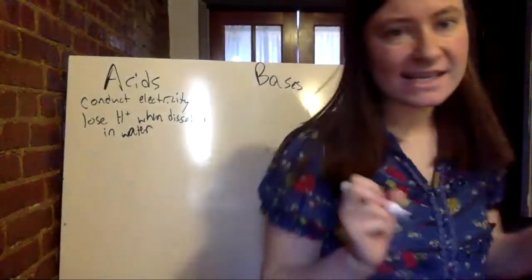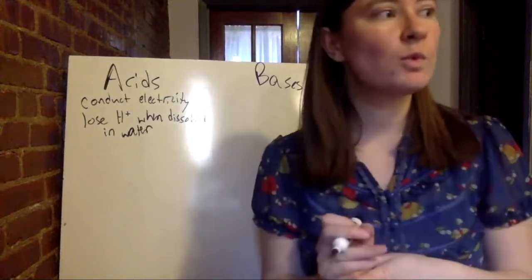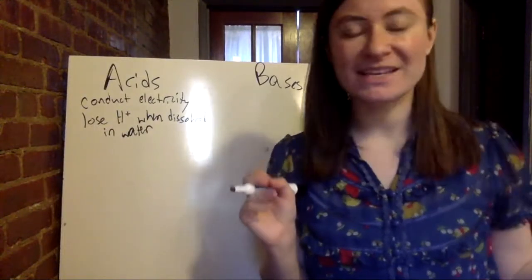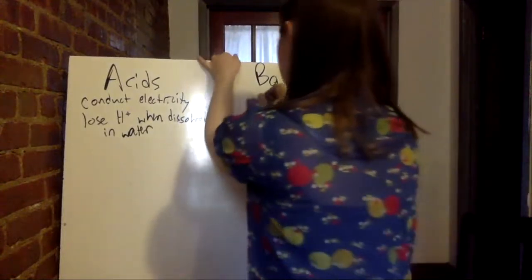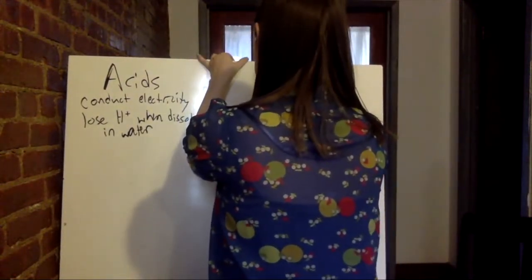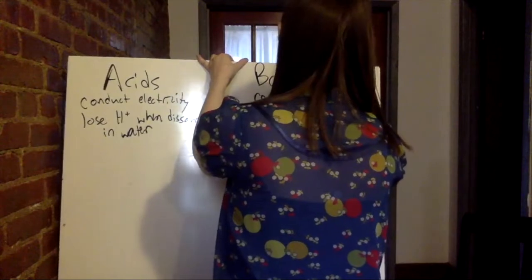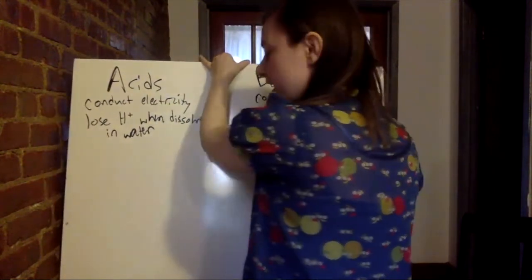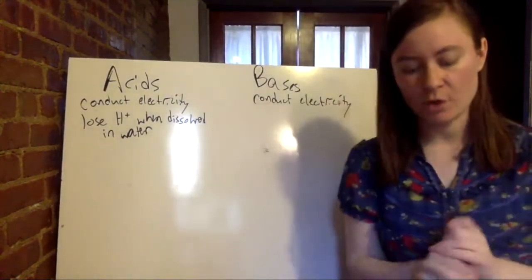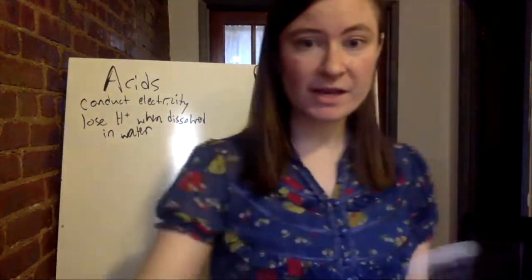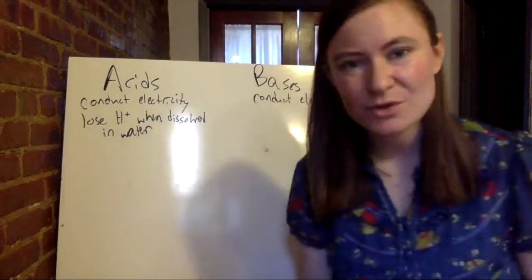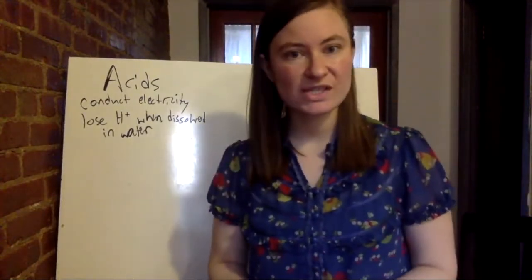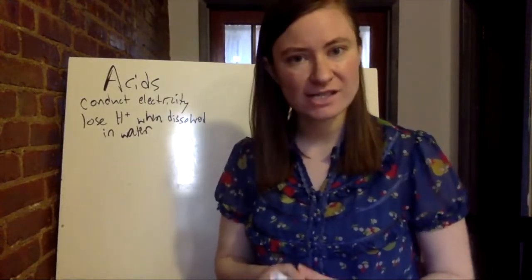Cool. Bases, one example of a base would be baking soda, which we tested. So bases also conduct electricity. If you take a look at your reference table, you can look up the formulas of a couple of common bases. You'll see sodium hydroxide, which is a common base, potassium hydroxide, calcium hydroxide, right?